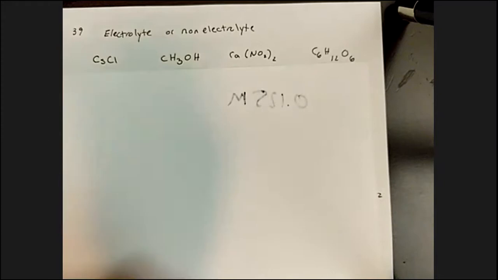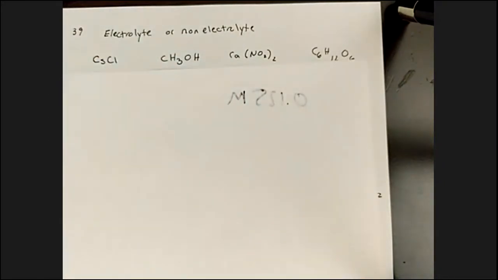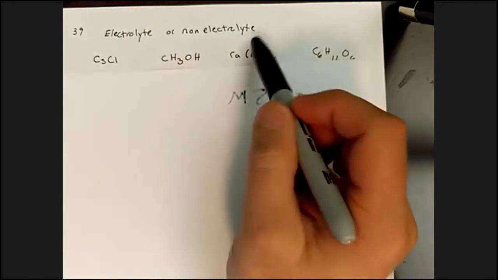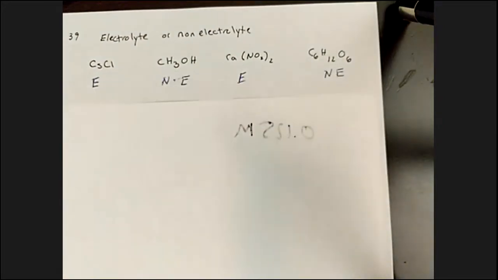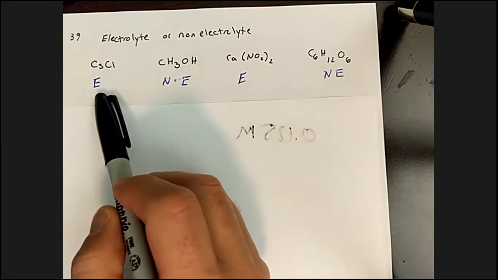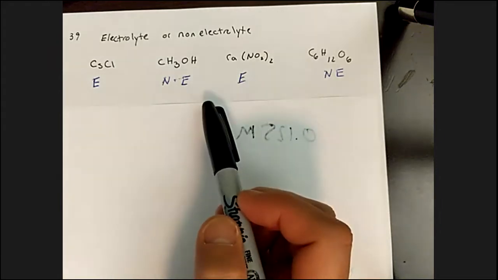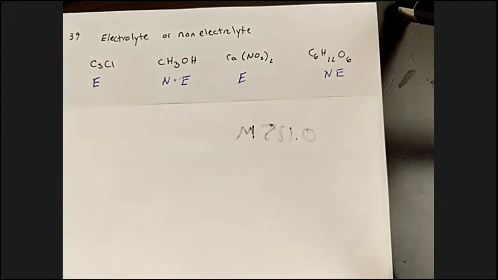It doesn't really matter whether cesium dissolves really well or not, or much about the calcium nitrate, but simply recognizing that this is an ionic compound and that this is an ionic compound, that they are both electrolytes. Remember our definition for electrolyte: it makes ions in solution, which then become electrically conductive. So we are conducting electricity through the production of ions.